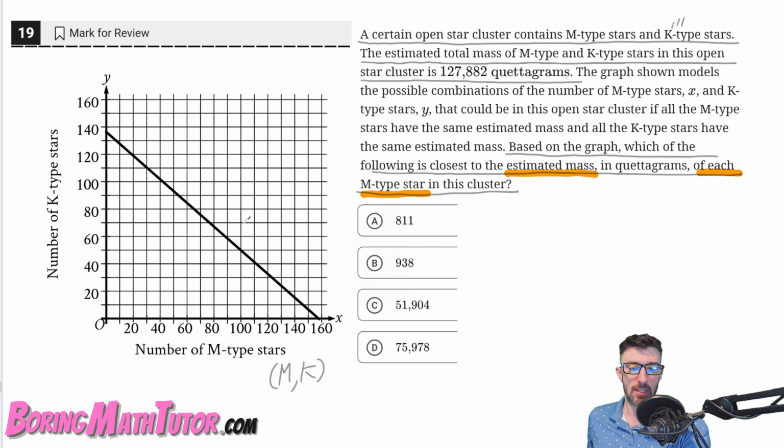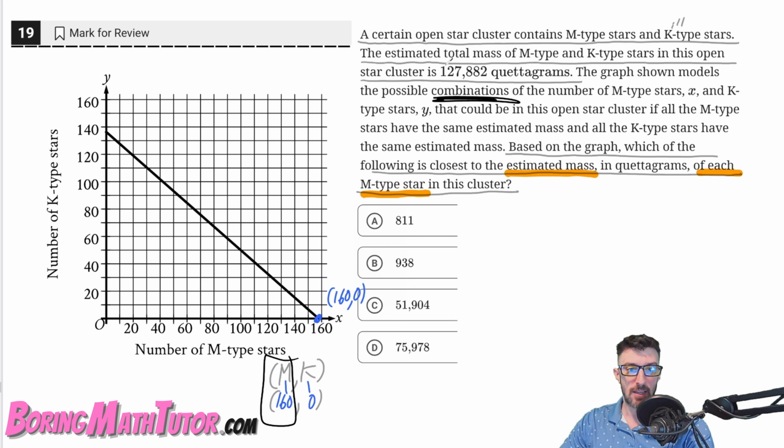The key to this problem is realizing the coordinates over here are approximately 160, 0. Now, that is important because it means that you would have 160 M, but then 0 of the K. So that means in that case, that would be the particular combination where you're only dealing with M-type stars.